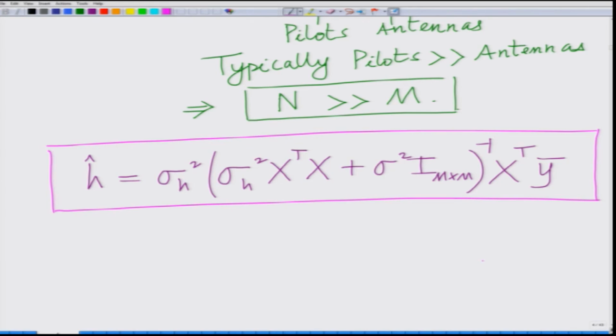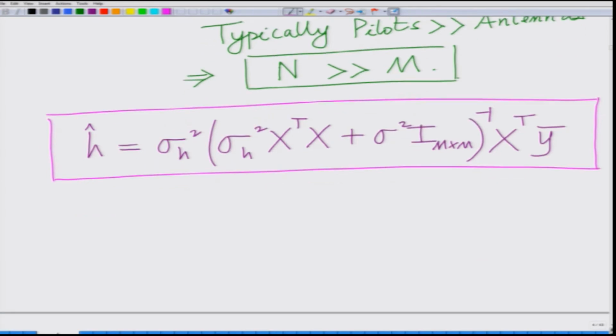And now the additional thing that we can look at here is that for complex, I can simply replace the transpose by Hermitian. For a complex channel vector, this is the trick that we use fairly often.